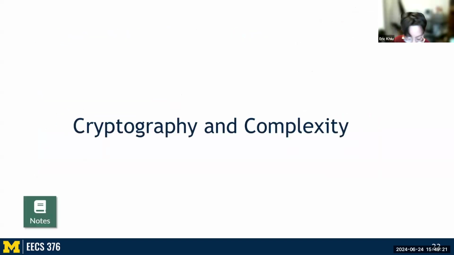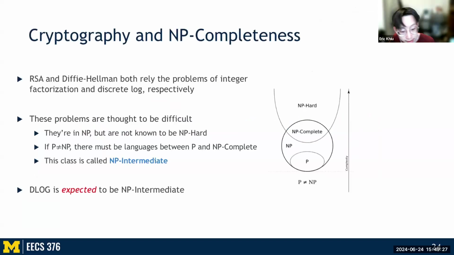Okay. So lastly, let's wrap up the cryptography by relating it to complexity. RSA and Diffie-Hellman seem like a really cool trick, right? You can just compute numbers, and it looks extremely simple because all you need is to compute the power.